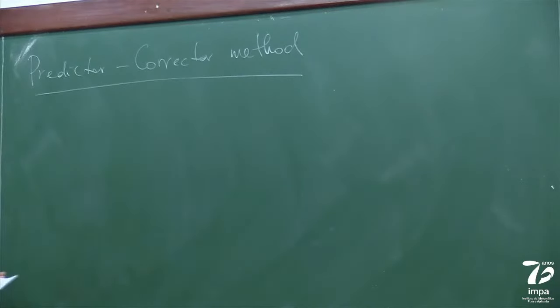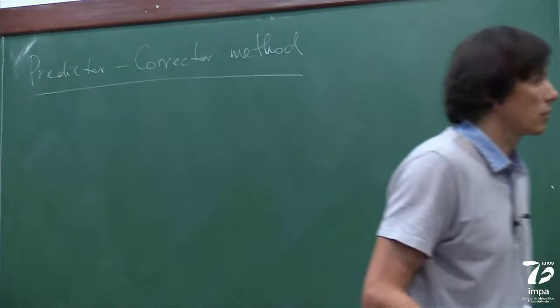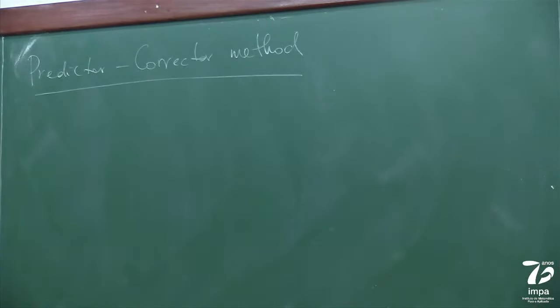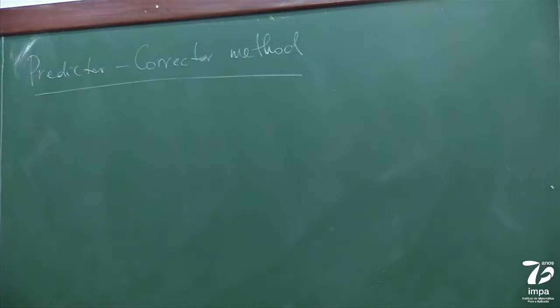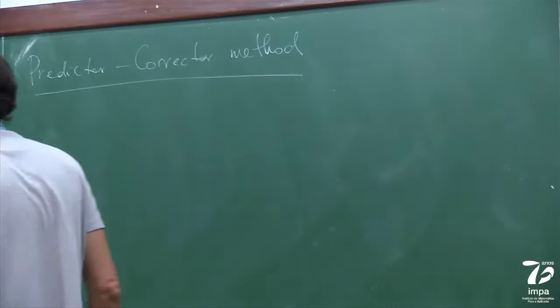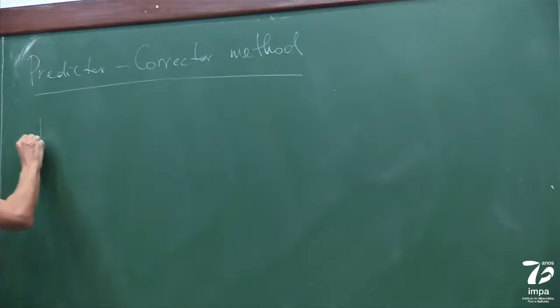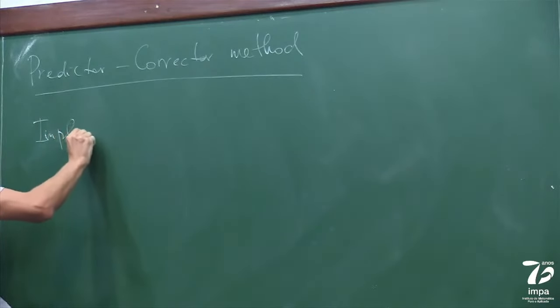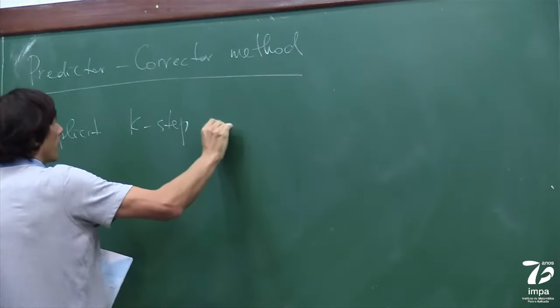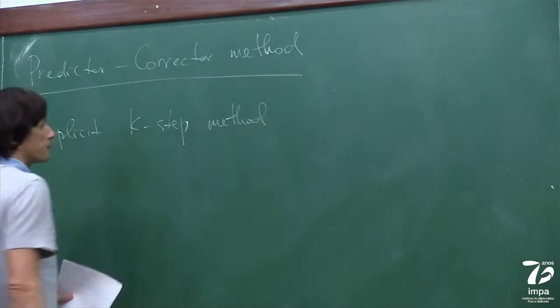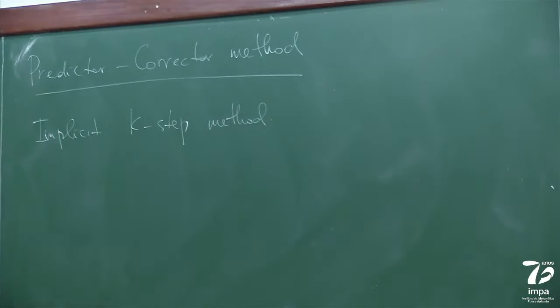So the predictor-corrector method is kind of a combination of how you can combine explicit method and implicit method, partially implicit method, so that it becomes explicit by form, but implicit by nature in a sense. Okay, so let's take implicit k-step method. So this mixing implicit, explicit.